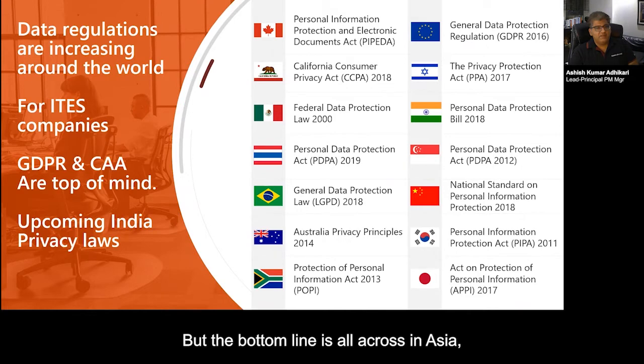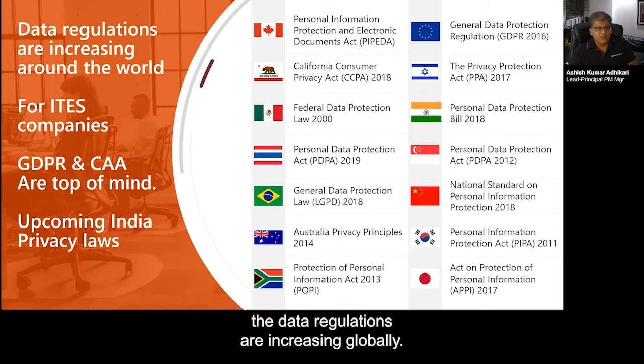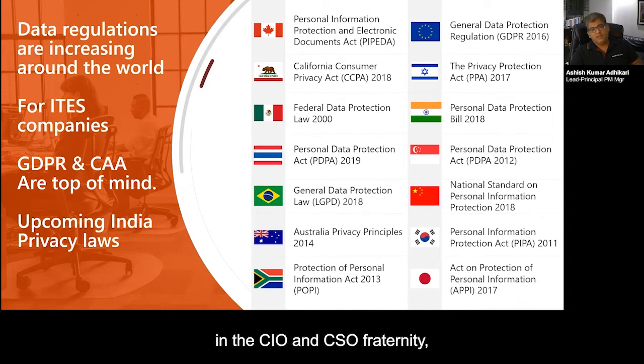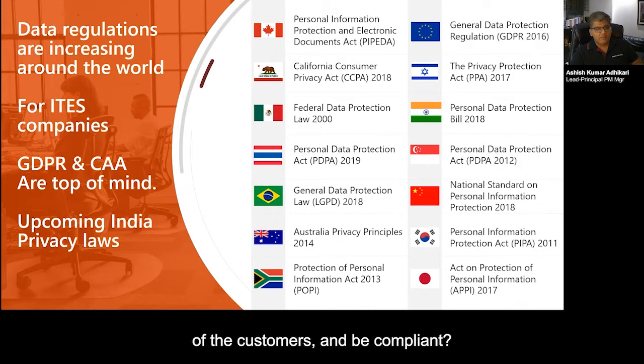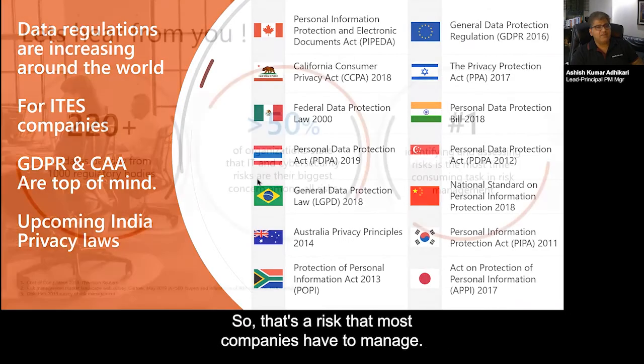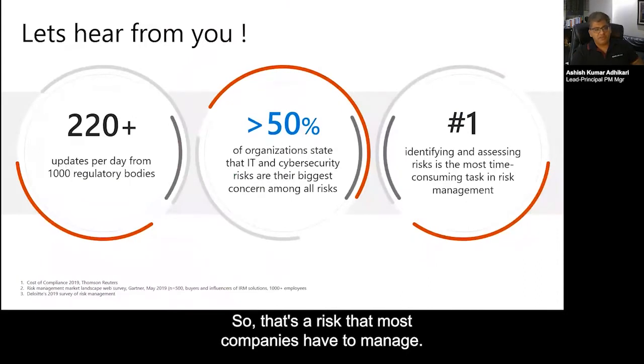But the bottom line is, all across Asia and all across the globe, data regulations are increasing. And privacy is a topic which is becoming a board member topic. It's also becoming a critical topic in the CIO and CISO fraternity, where they are looking at how to protect the privacy of users, employees, and customers, and be compliant. So that's a risk that most companies have to manage.